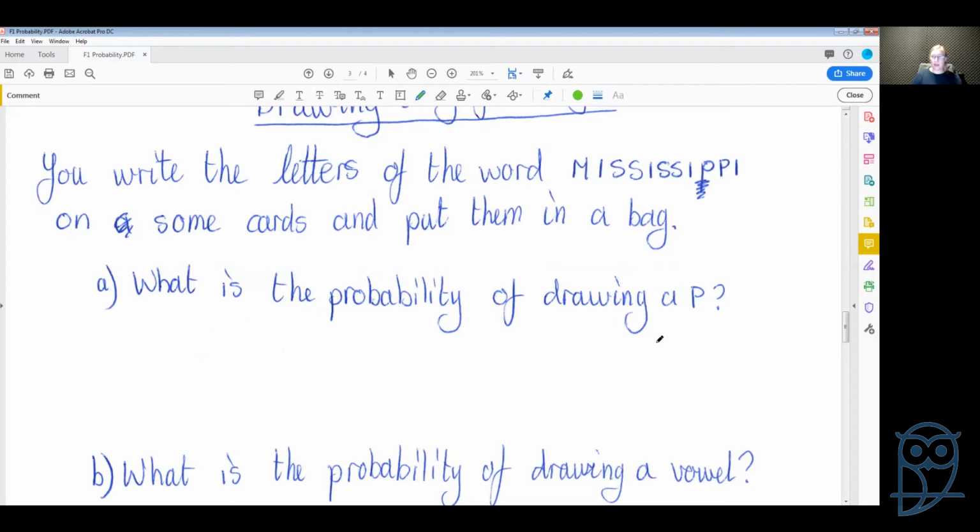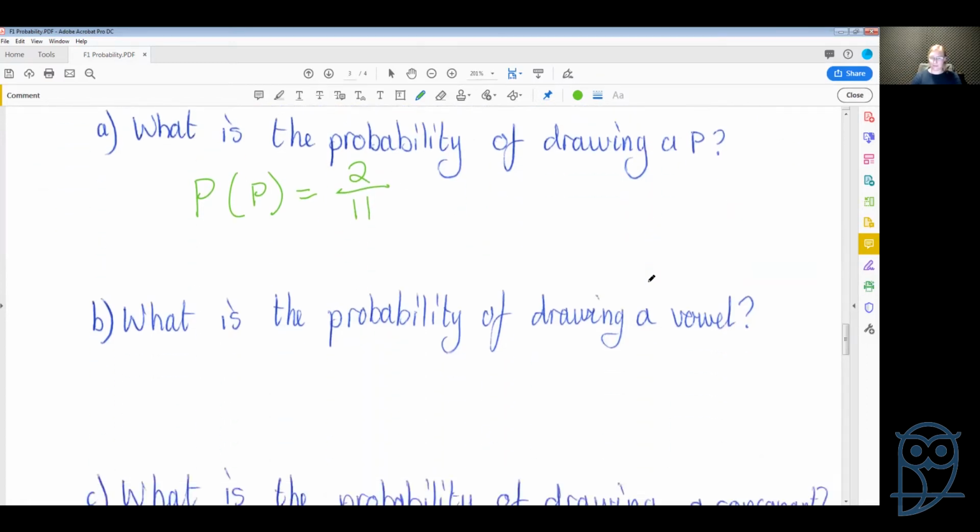So what is the probability of drawing a P? So now we go count the amount of P's we've got. We've got 2 P's. And we have how many letters? 1, 2, 3, 4, 5, 6, 7, 8, 9, 10, 11. So there are 11 letters. So our probability of drawing a P will be 2 out of 11.